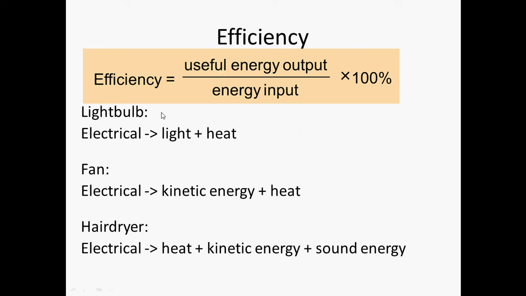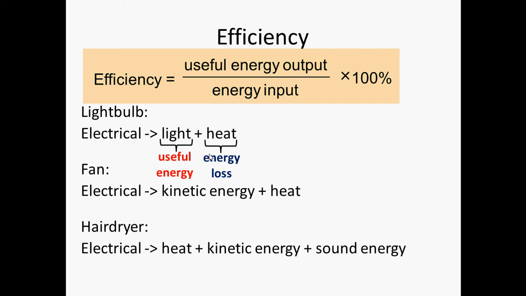Let's say you have a light bulb. Alright, energy conversion of a light bulb usually is electrical energy to light and heat energy. Alright, so what is useful energy for a light bulb, and what is unwanted energy? So obviously the useful energy is it gives off light. So the useful energy is light, while the unwanted energy is heat. If you can have a light bulb that has no heat generated, is the best.